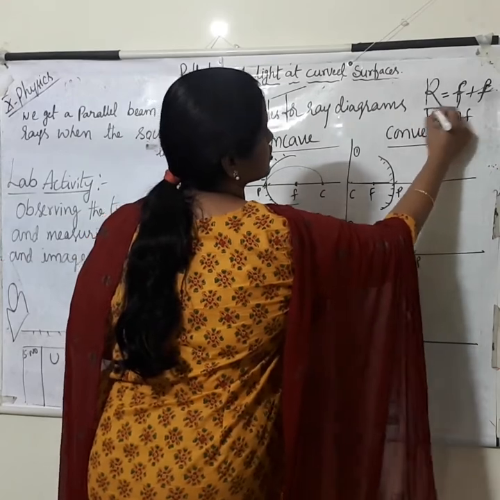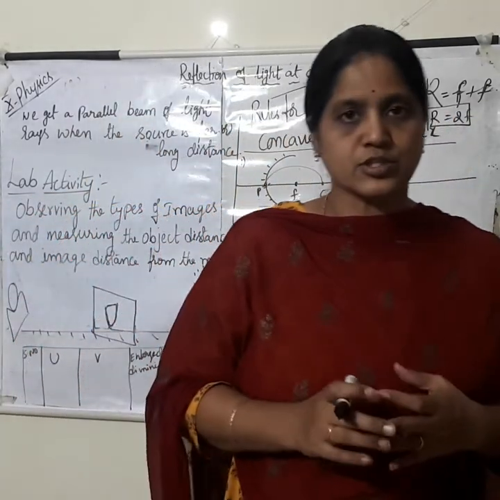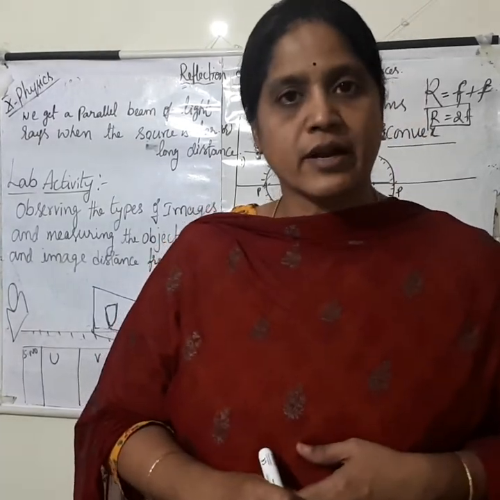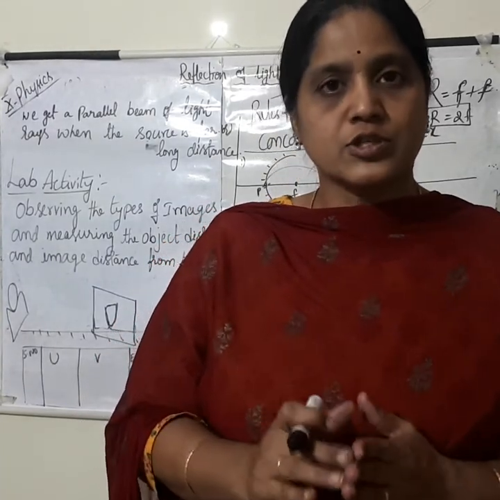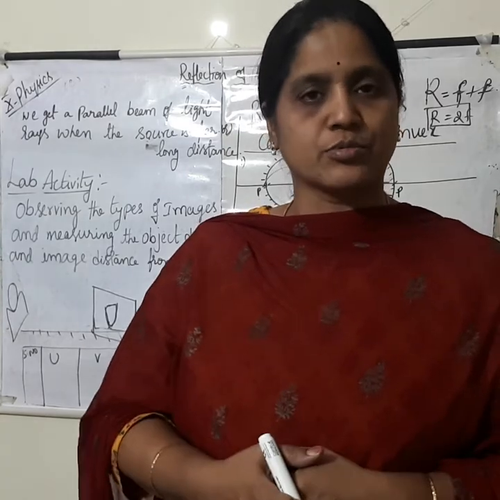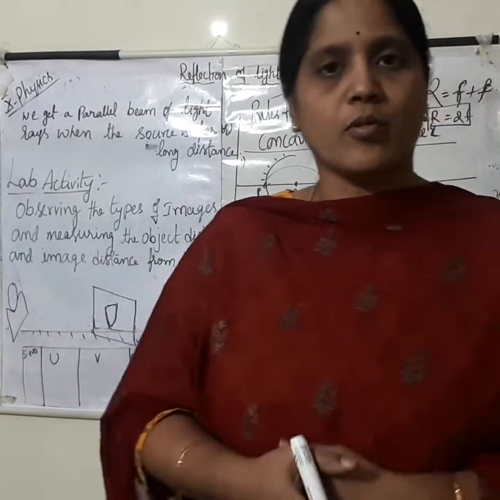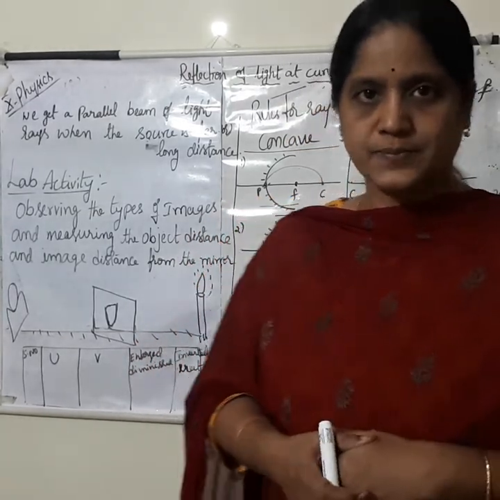R is equal to 2F. So there is a relation between the radius of curvature and the focal length: R is equal to 2F. Then F is equal to R by 2. You can use this in solving problems, either 1 mark questions or bits.